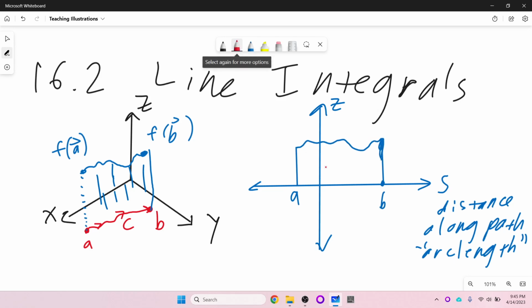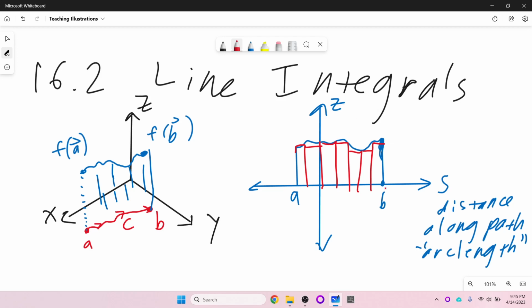Then we could partition it the same way. We'd have a Riemann sum, however you want to do it, or you could use upper bounds or lower bounds or midpoints or whatever. Once you take the limit, it all turns out the same.